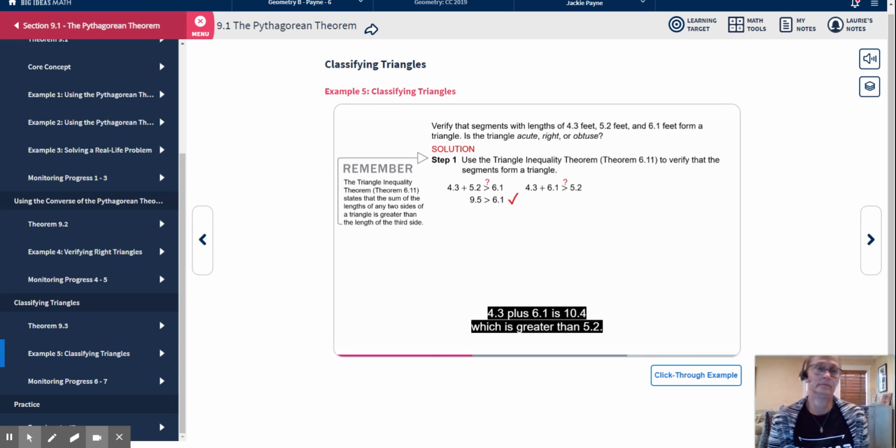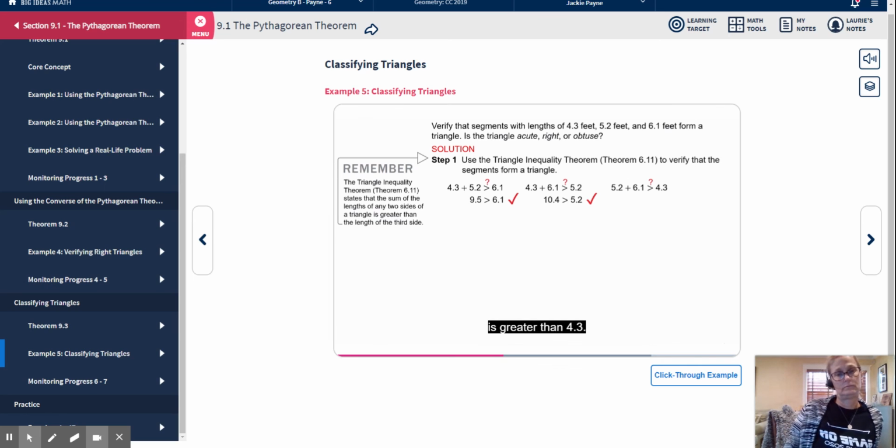That sum is 10 and 4/10, which is greater than 5 and 2/10. Finally, check to see whether 5 and 2/10 plus 6 and 1/10 is greater than 4 and 3/10. That sum is 11 and 3/10, which is greater than 4 and 3/10.